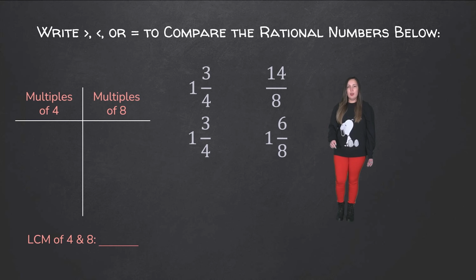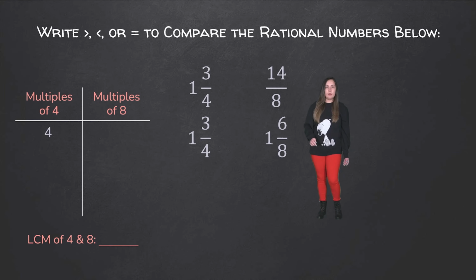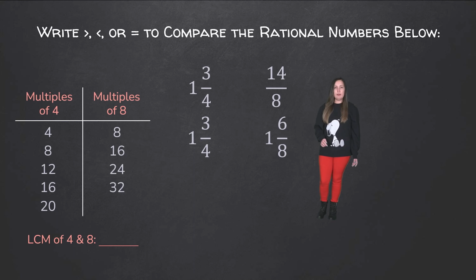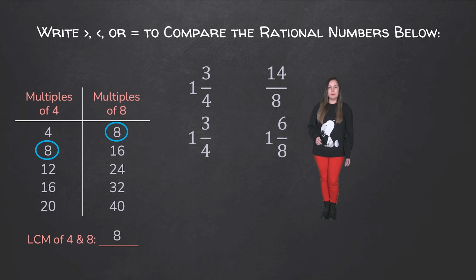So our multiples of 4 are 4, 8, 12, 16, 20, and so forth. And our multiples of 8 are 8, 16, 24, 32, 40, and so forth. Now, our least common multiple in this case is 8, because that's the smallest multiple that they have in common.